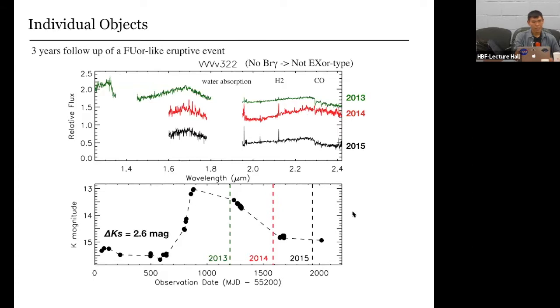And we actually captured the decaying stage of this event from 2013 to 2014 to 2015. You can see that along with the decaying of the continuum, the emission lines become stronger and stronger from 2013 to 2014 to 2015, which means that the molecular hydrogen emission is not actually affected by the enhancement of the K-band continuum.